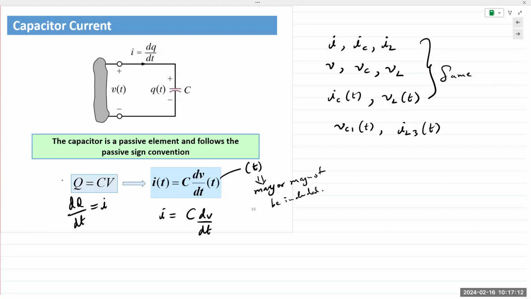Again, the equations still mean the same. They are not any different. You don't need to write these down, but you should understand that I of t or V of t, with or without the t, means exactly the same thing.